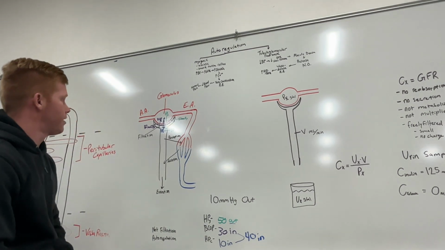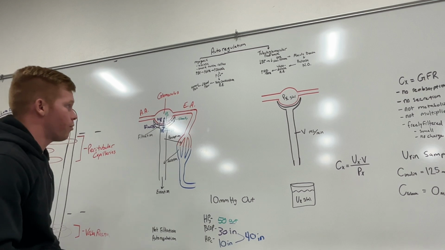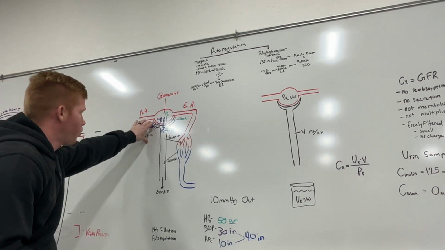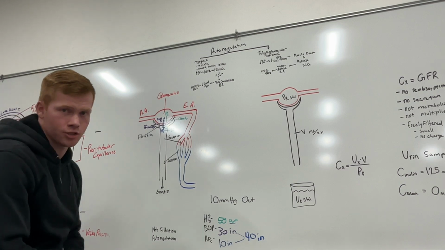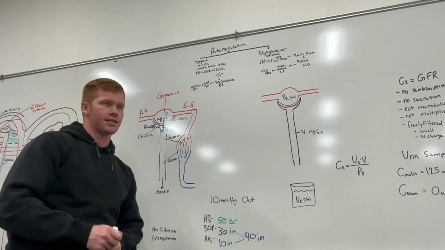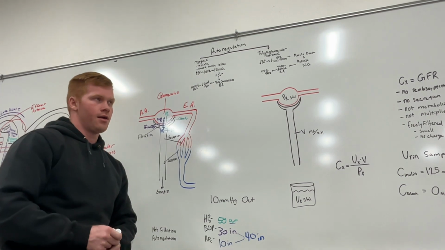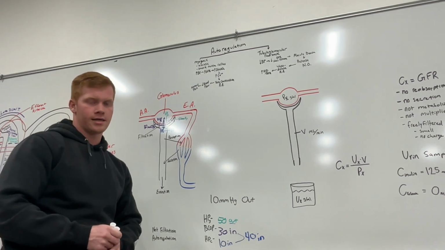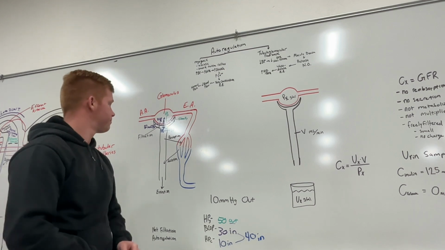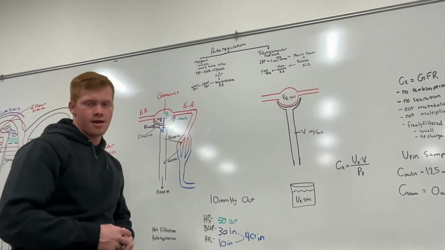We're going to talk more about why that net filtration pressure is so important. There are different things that can affect it. One of them is low or high blood pressure, which can change this filtration.